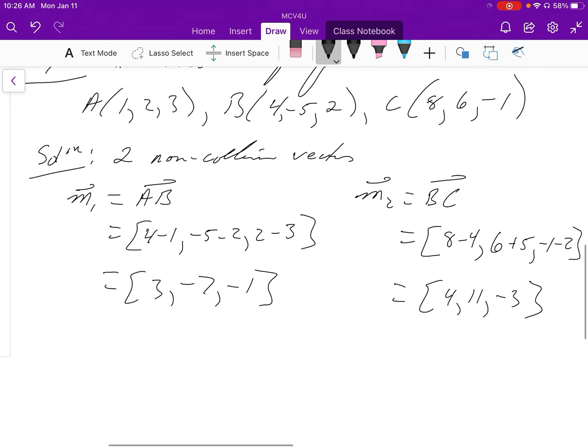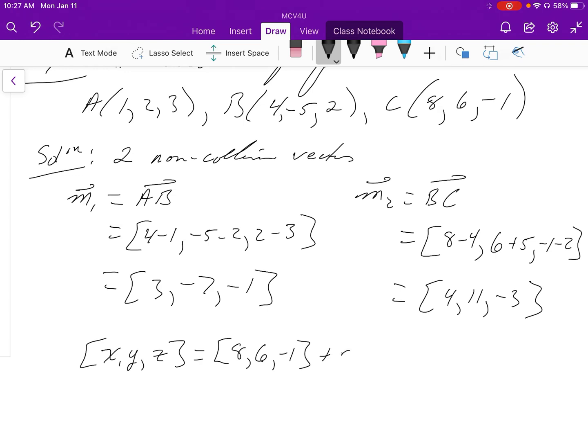Now we've got 3 points with 2 direction vectors. We can come up with a variety of different equations. We can use the point A, B, or C as the position vector OA, OB, or OC. Let's say we use C, the vector 8, 6, -1, plus our first parameter with our first direction vector, plus our second parameter with our second direction vector.